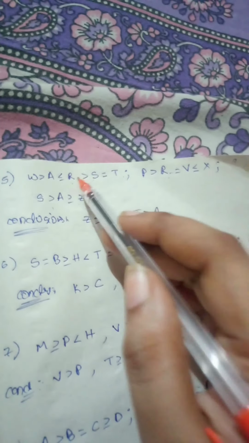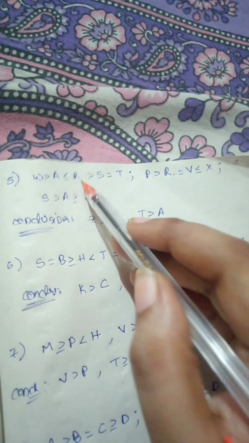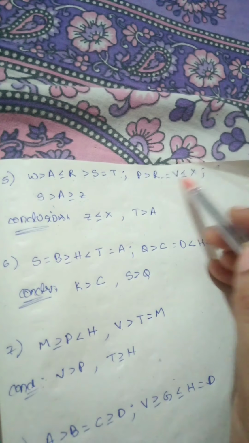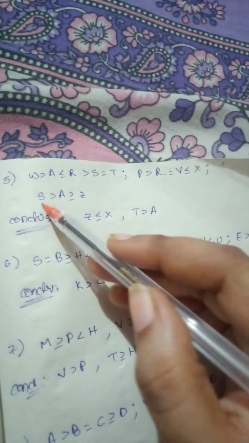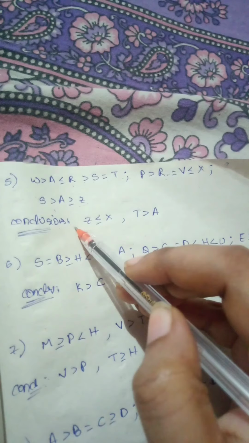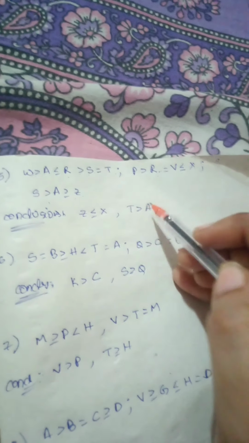Next we go to the fifth question. It consists of three expressions: w greater than a less than or equal to r greater than s equal to t. And another one is p greater than r is equal to v, and v less than or equal to x. And third one is s greater than a is greater than or equal to z. And given conclusions are z is less than or equal to x, and another one is t greater than a.